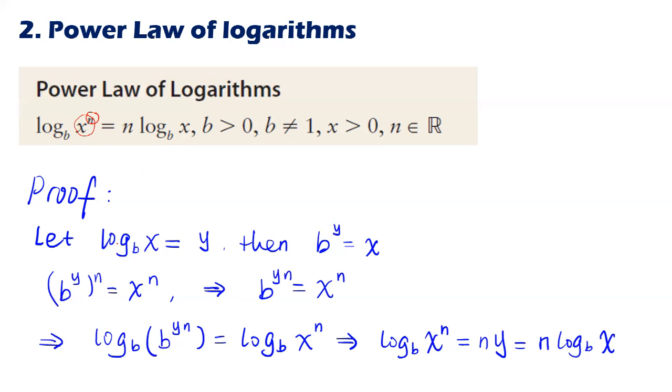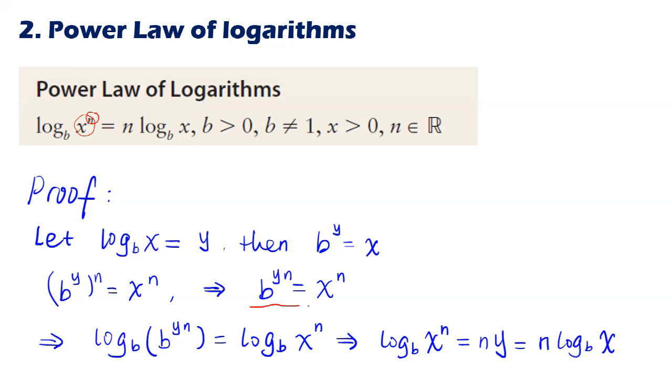First of all, we can let log base b of x equal y. Then according to the definition of logarithms, this can be rewritten as b raised to the power y equals x, right? And we can raise both sides to the power of n, so that we will have b raised to the power of yn equals x to the power of n, right?